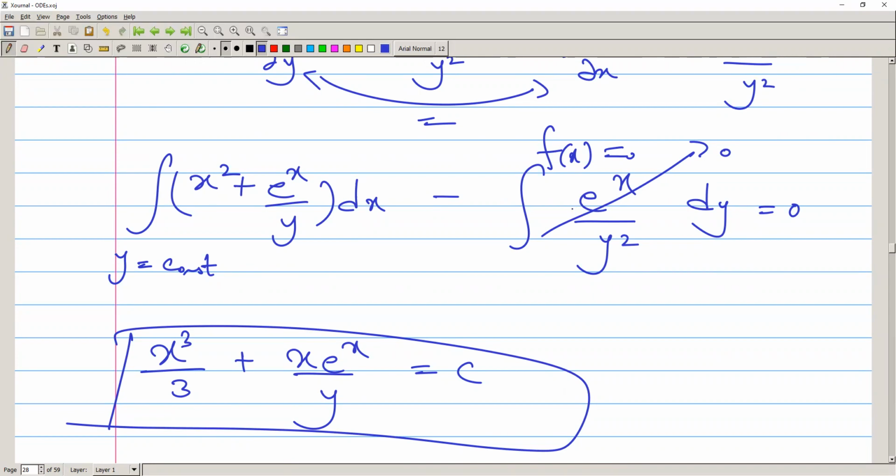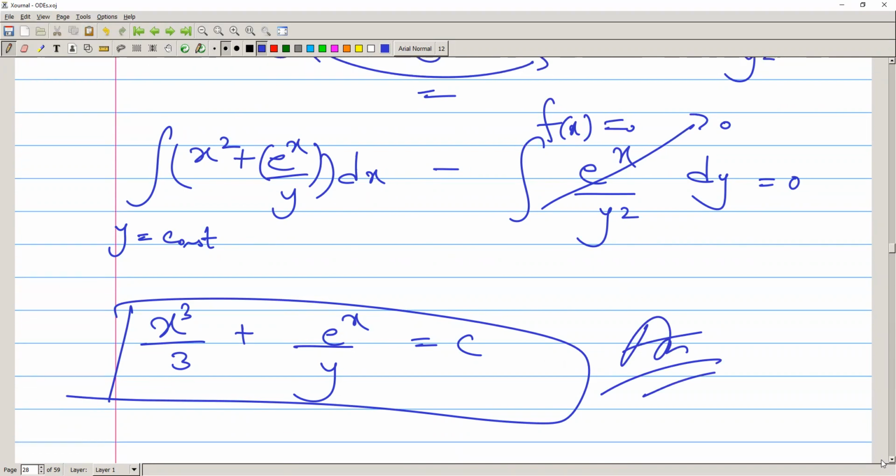So it's e to the power x over y, which on integration we get e to the power x over y. Sorry, that is e to the power x only, because the integral of e to the power x is e to the power x, right? So this is the final answer for this problem.